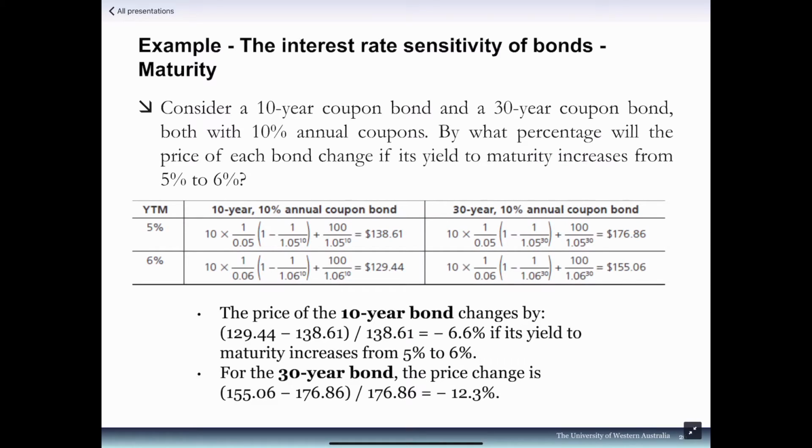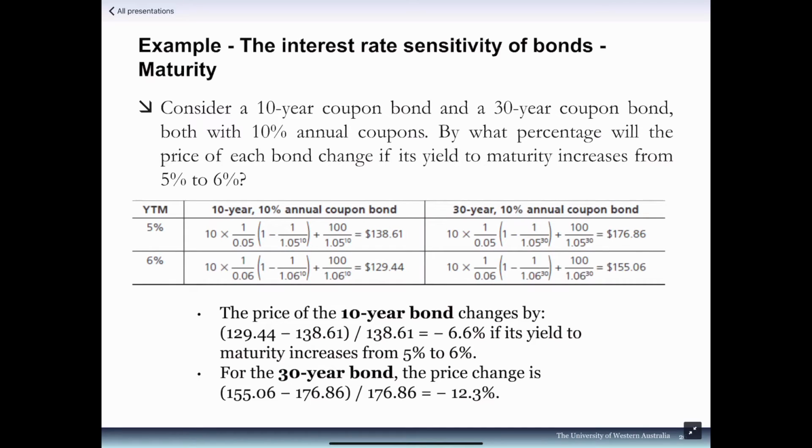And for 6%, so if your required rate of return goes up by 1%, what do you expect? A higher required rate of return means the bond price will fall, because now you require a higher return from this bond, such that you are less willing to lend them the same amount of money as before. So numerically, 6% will translate to a 10-year bond at $129.644, whereas for a 30-year bond, if you trust the math over there, the bond price will fall to $155.